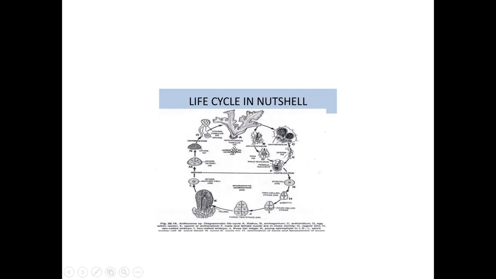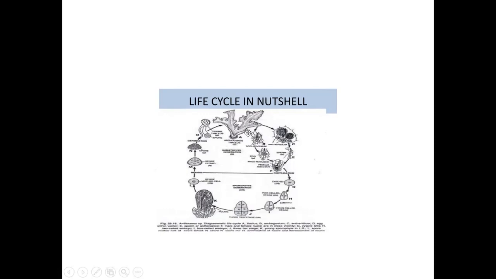So here a clear differentiation of gametophyte and sporophyte is seen. Hence heteromorphic alternation of generations, and the life cycle is considered to be a haplodiplontic life cycle. That is, the gametes and the antheridia are all haploid, and this haploid phase is alternating with the diploid sporophytic phase.